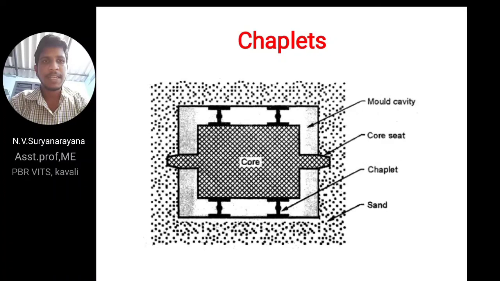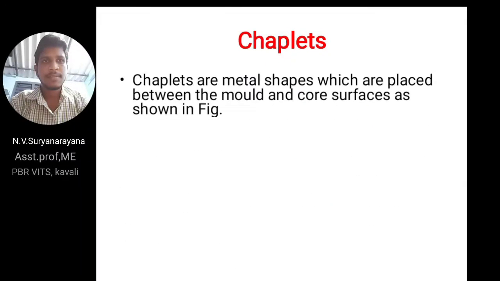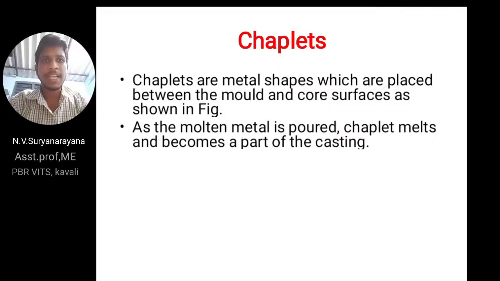For that reason, I am showing chaplets here. Those are placed beside the core. Chaplets are metal shapes which are placed between the mold and core surfaces, as shown in the figure. As the molten metal is poured, the chaplet melts and becomes a part of the casting.